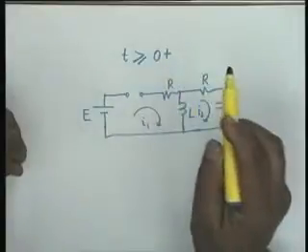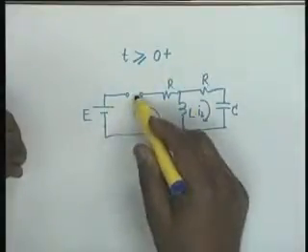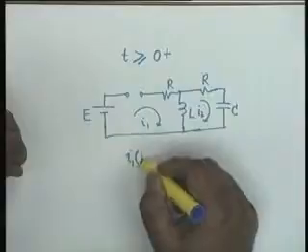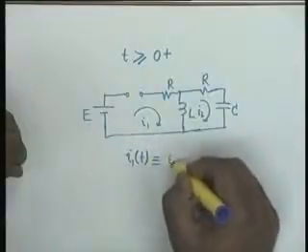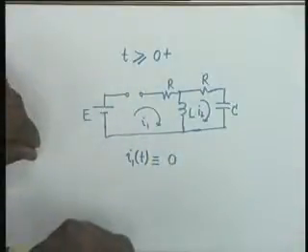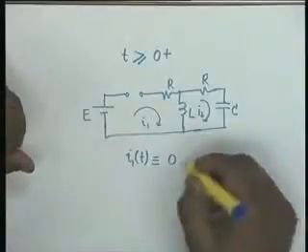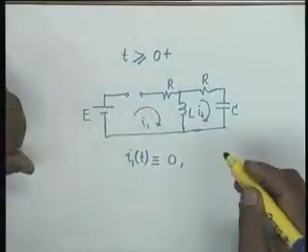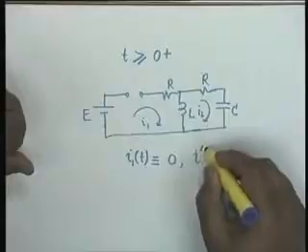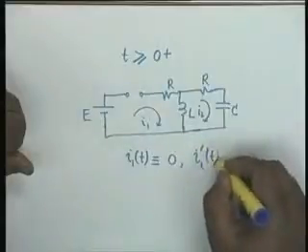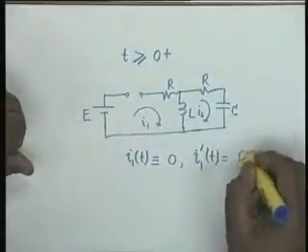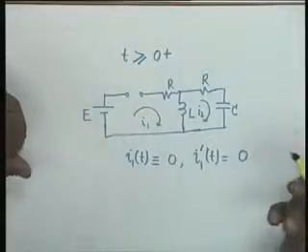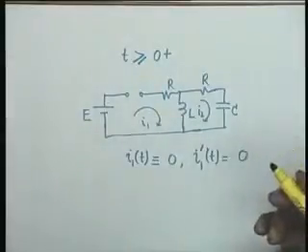Obviously for t greater than or equal to 0 plus, because the switch is opened, I1(t) would be identically equal to 0 because of open circuit. If I1(t) is identically equal to 0, what can be I1'(t)? Obviously that is also 0 because it is a constant. Alright. So that is no problem.